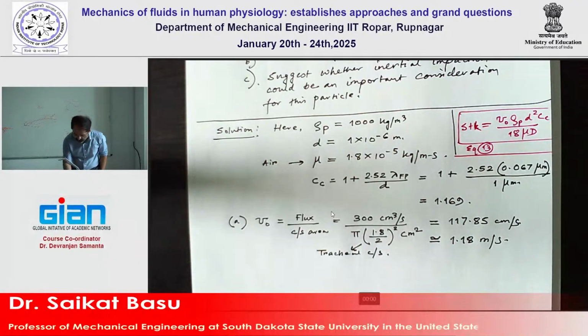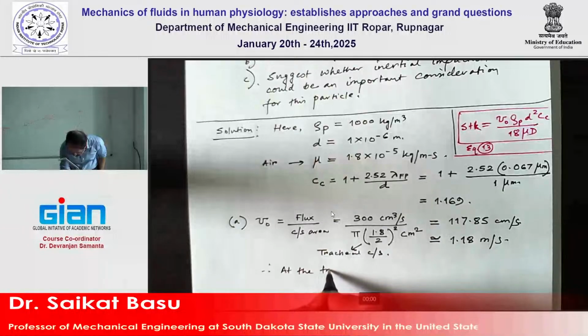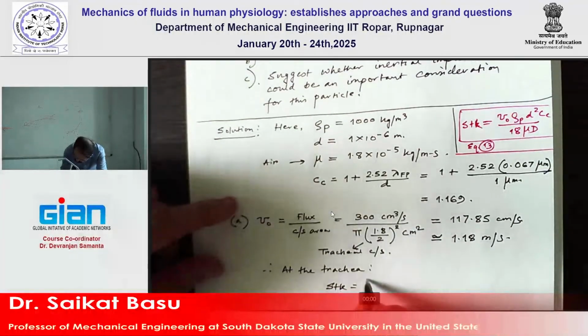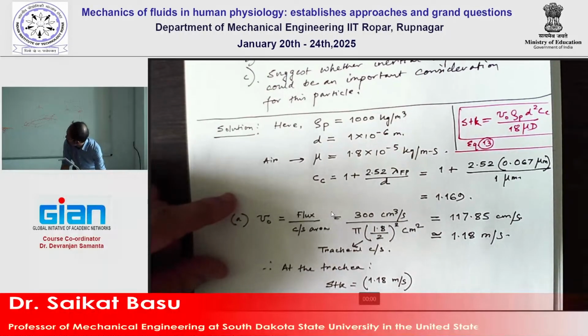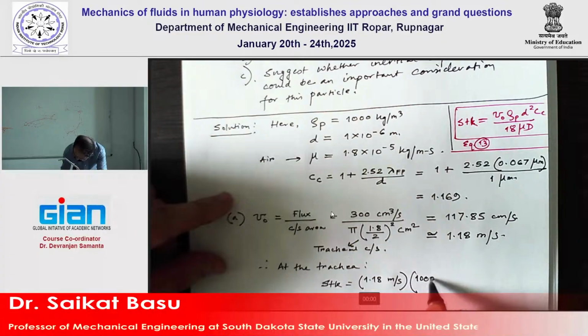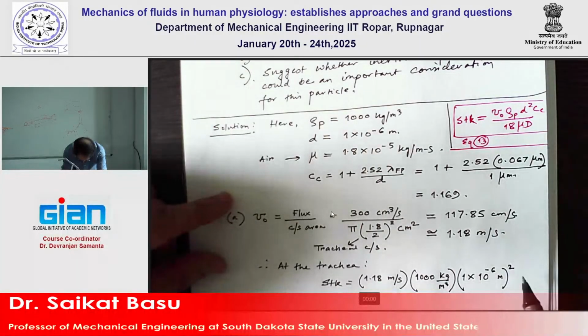Okay, so therefore at the trachea, we have Stokes number as 1.18 meters per second. I'm basically just putting in the different terms in that red equation. The density is 1000 kg per cubic meter. The diameter is 10 to the power of minus 6 meters squared.